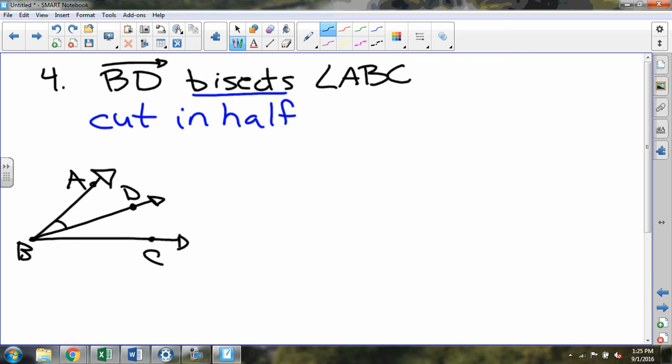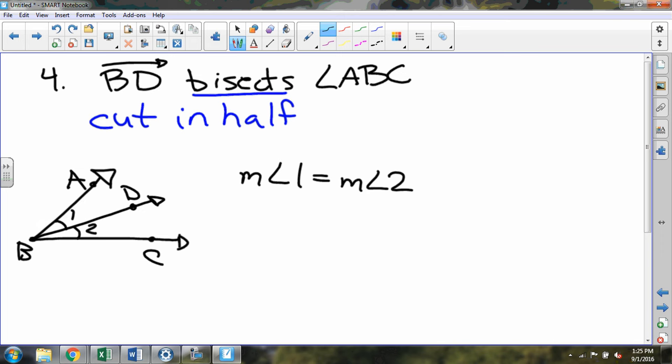Typically, when we encounter a problem that says bisect, one of two things is going to happen. First of all, we know that these two angles are equal. One type of problem that pops up with bisecting is creating an equation where you say these two angles are equal to each other. That's how you make the equation, which you will then solve.